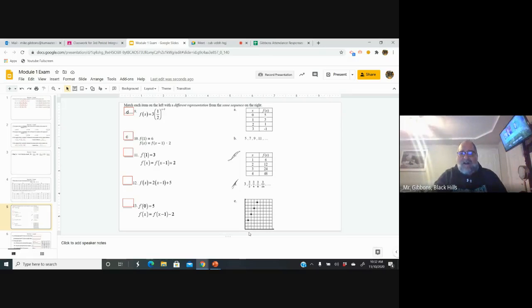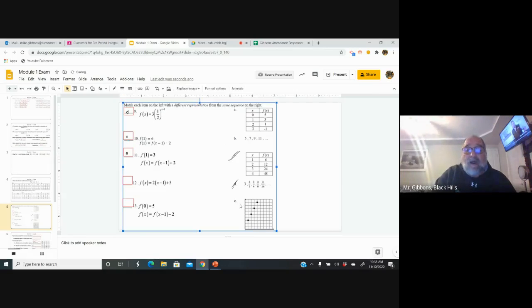Oh, look at the graph. When x is 1, f of 1 is 3. I think it's the graph. So then I check. Am I adding 2 every time? Well, f of 2 goes up to 5, f of 3 goes up to 7, and f of 4 goes up to 9. That's it, you guys. So the answer to 11 is a big old E right there, and we cross that one out.